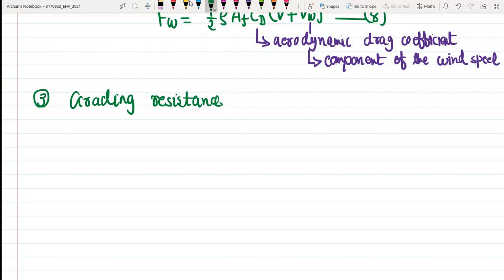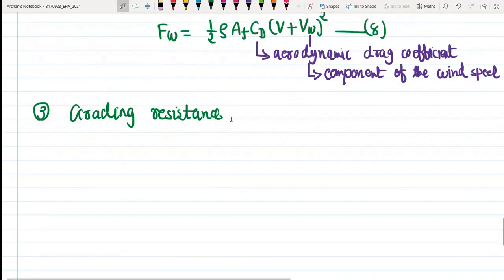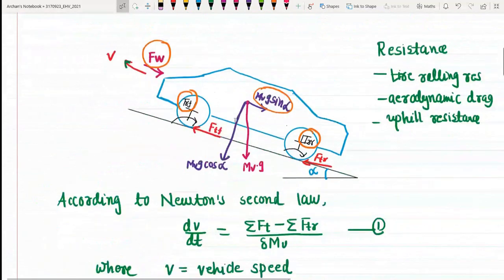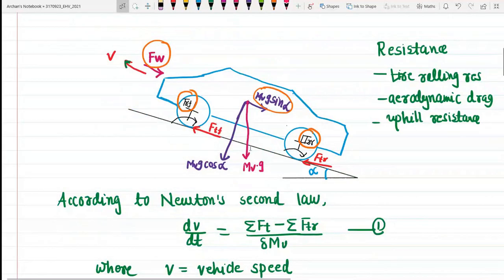Now, when a particular vehicle goes up or down a slope, its weight will produce a component which is always directed in the downward direction. That is what we have seen in the previous case. Let us go back to the figure over here. You can see mv into g is the force acting in the downward direction.